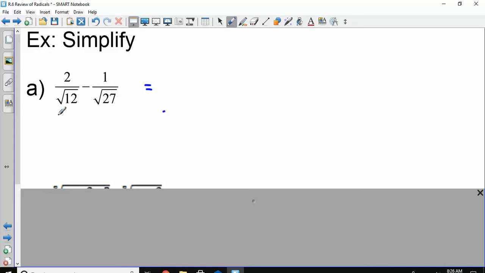Square root of 12. What perfect squares go into 12? 4. So we could think of that as a 4 and a 3. Square root of 4 is 2. So you get 2 over 2 radical 3.